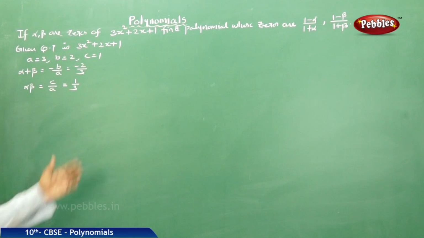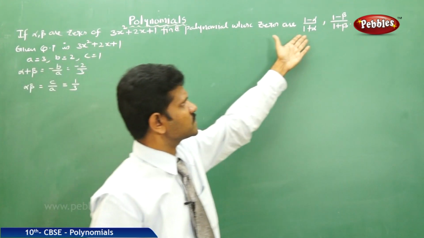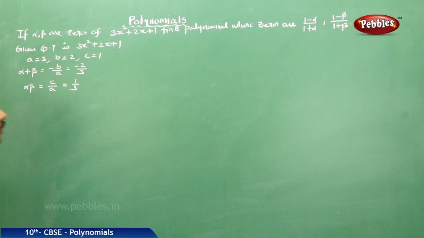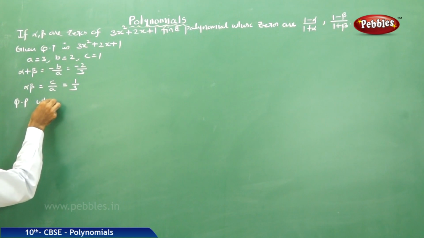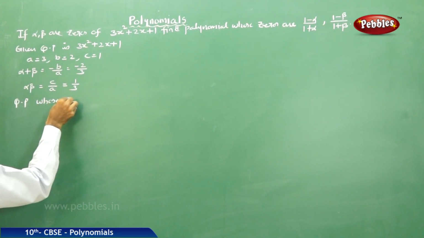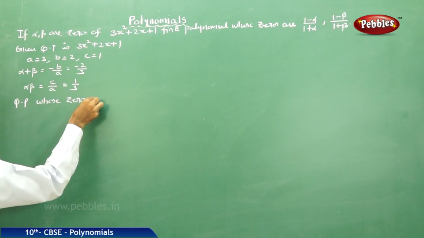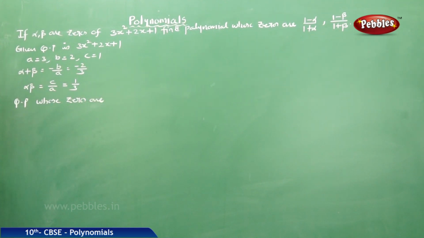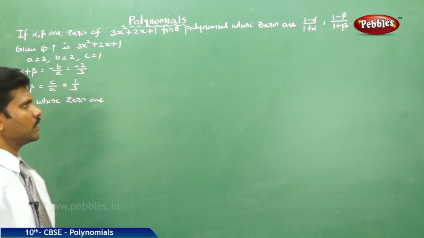Now I have to find out the polynomial whose zeros are these two. Now the quadratic polynomial whose zeros are 1 minus alpha by 1 plus alpha, 1 minus beta by 1 plus beta.